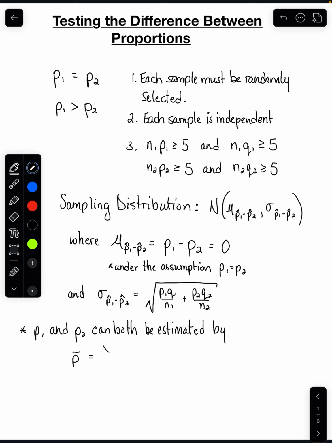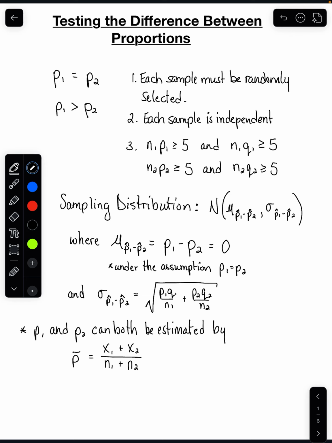P bar is equal to x sub 1 plus x sub 2 over n sub 1 plus n sub 2. N sub 1 and n sub 2, of course, are the sample sizes of the two samples respectively. X sub 1 is the number of successes in the first sample, and x sub 2 is the number of successes in the second sample.